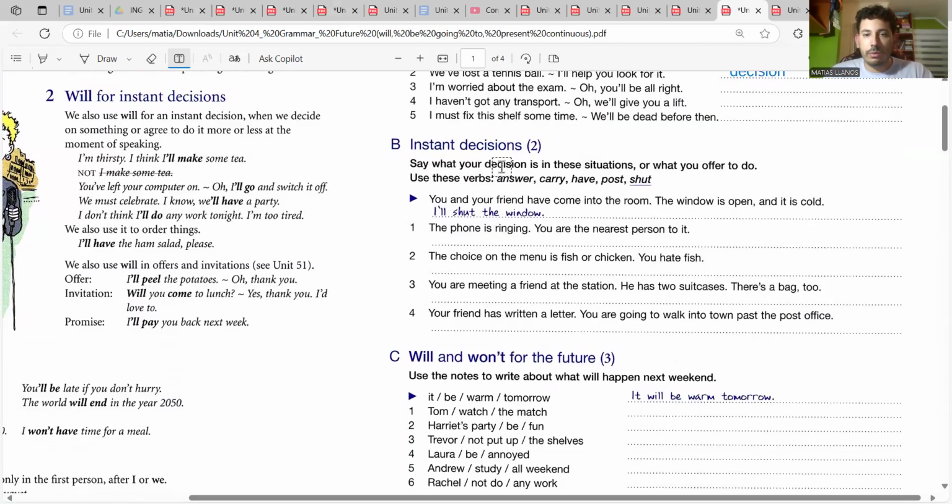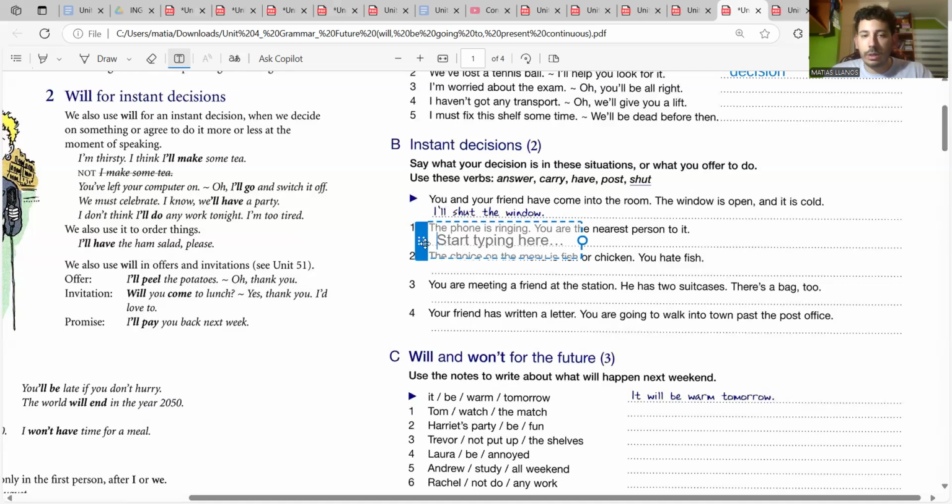Then we have instant decisions. Say what your decision is in these situations, or what you offer to do. Use these verbs: answer, carry, have, post, and shut. So you and your friend have come into the room. The window is open and it is cold. So I'll shut the window.